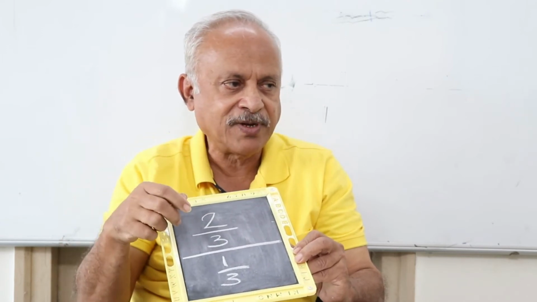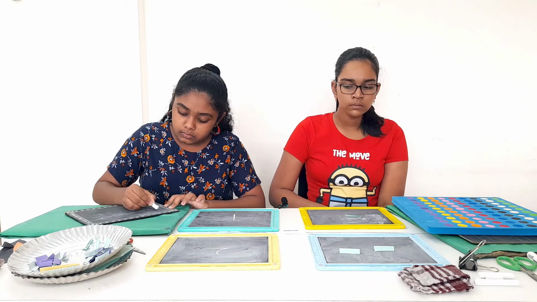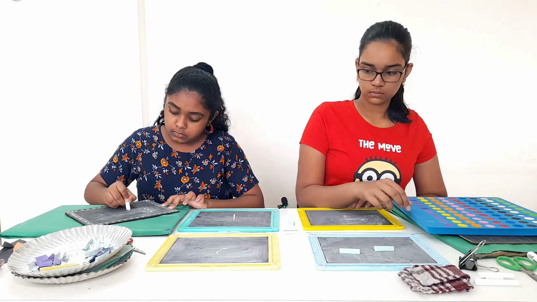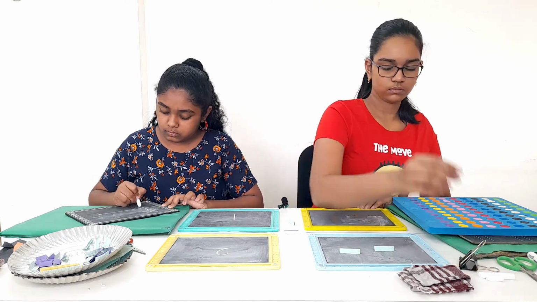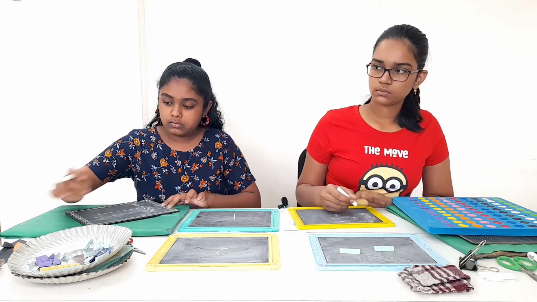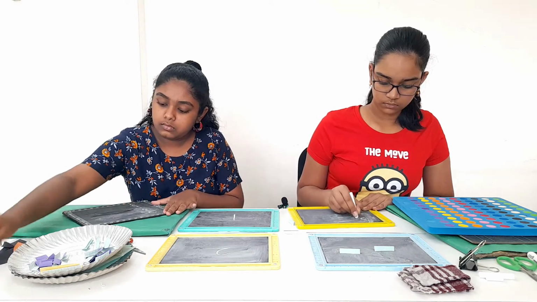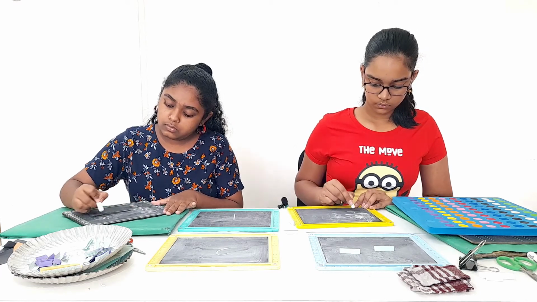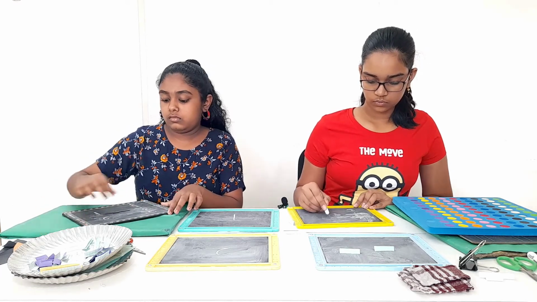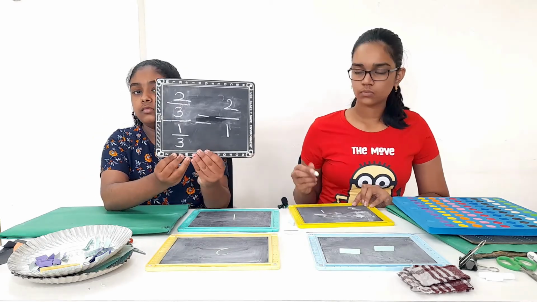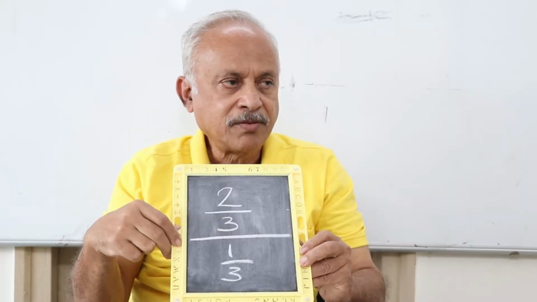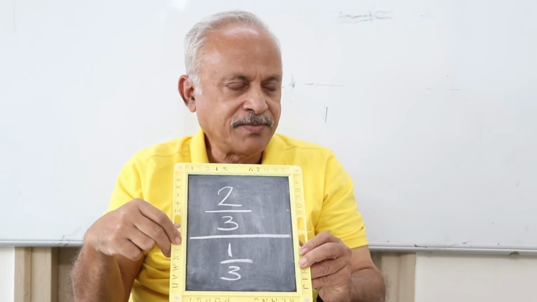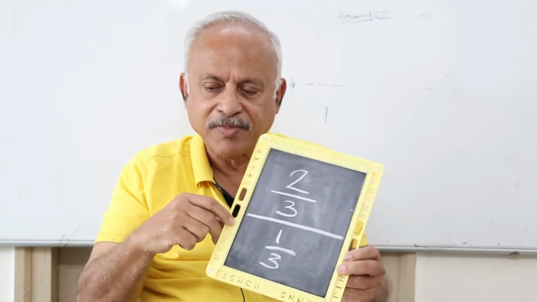Please write that on your slate, complete the equation. 2 by 3 divided by 1 by 3 is equal to 2 by 1.